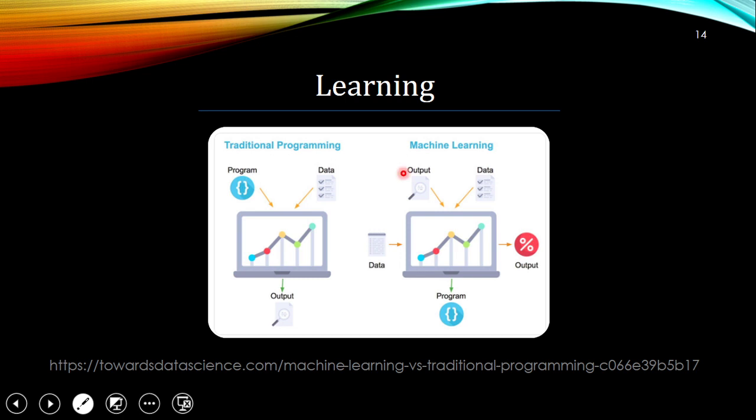Data and expected output will enable this intelligent system to write its own program. This program is called a model. So the first phase, the training phase, is intended for generating the model.